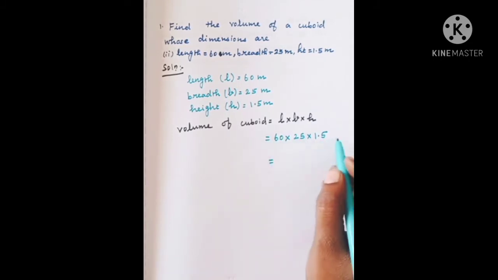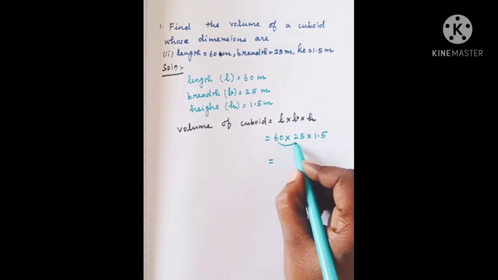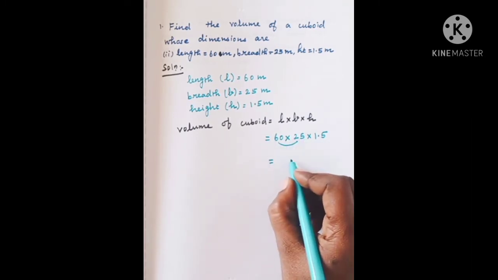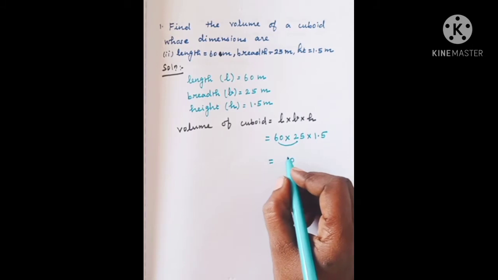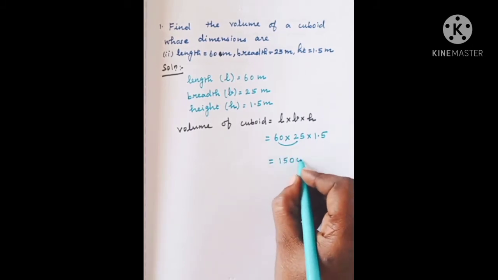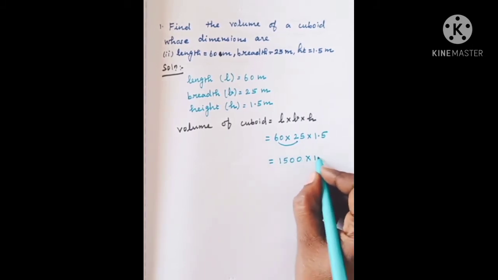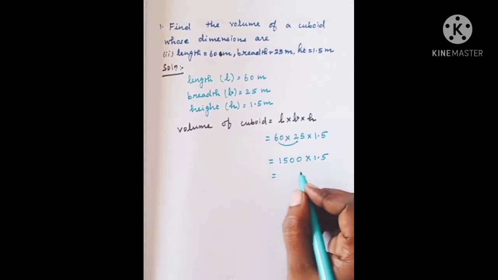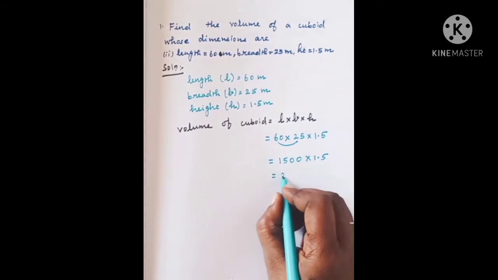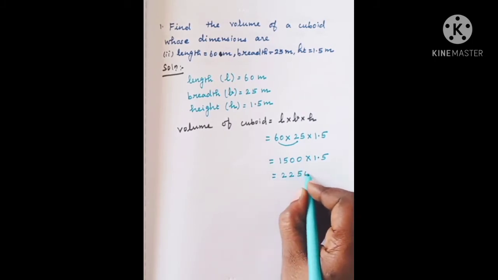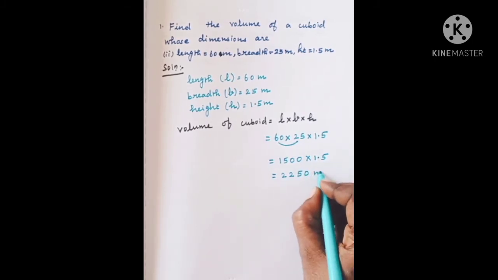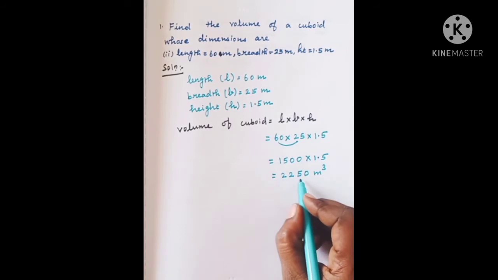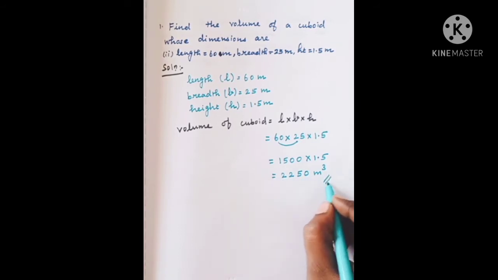First multiply these two numbers. 1500 into 1.5. So the final answer is 2250 meter cube. 2250 meter cube is the final answer for this problem.